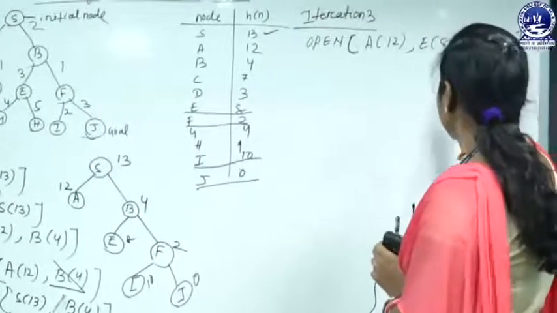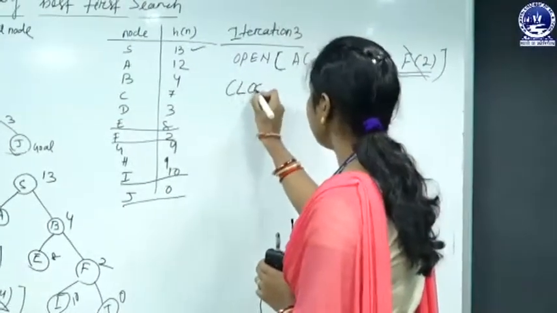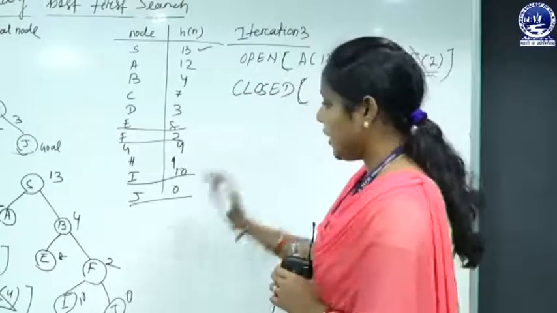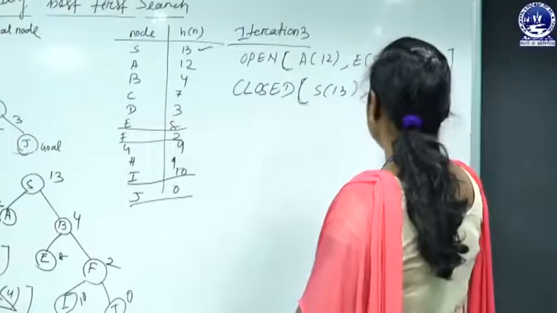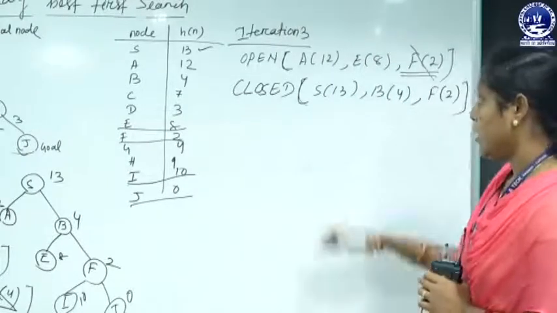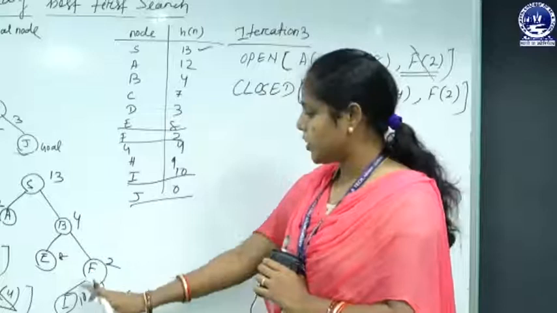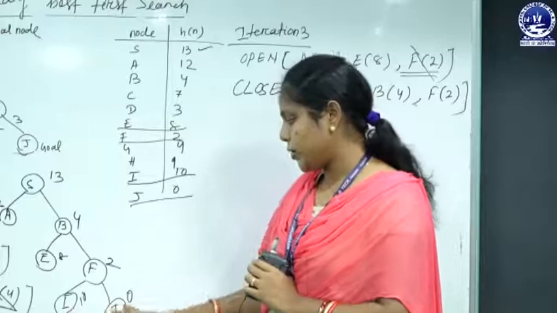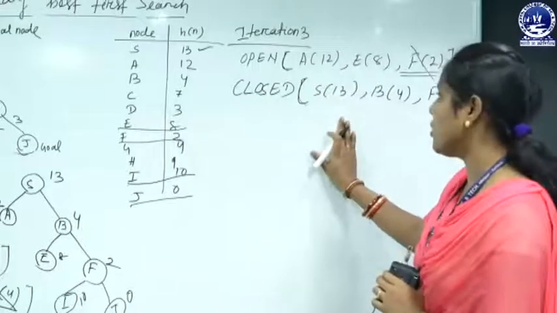First of all, you eliminate node F from the open list and add it to your closed list. Now our closed list contains S13, B4, then F2. After adding this, you generate the successors of node F, check the evaluation function values, and check whether these nodes are present in your open list or closed list.